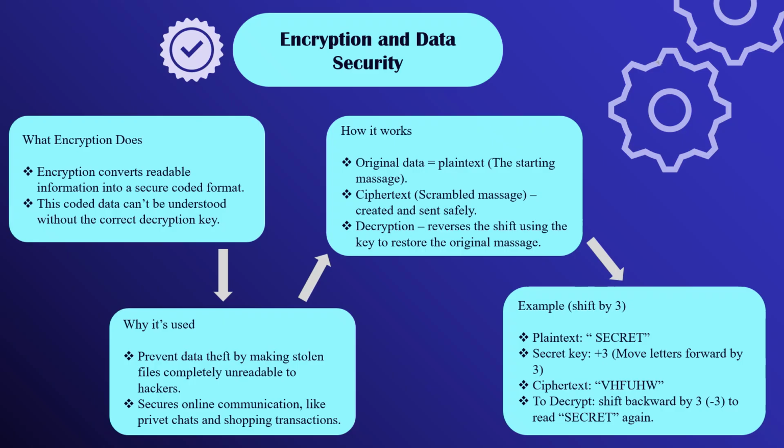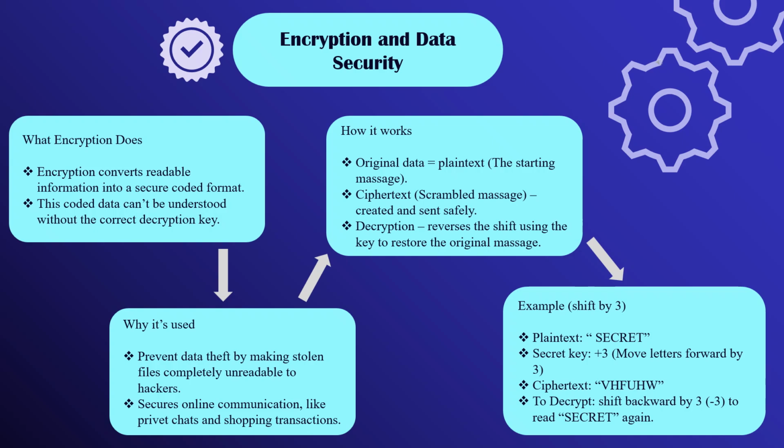This is why encryption is so widely used. It prevents data leaks by making stolen files completely unreadable to hackers, and it also secures online communication, such as private chats and online shopping transactions.